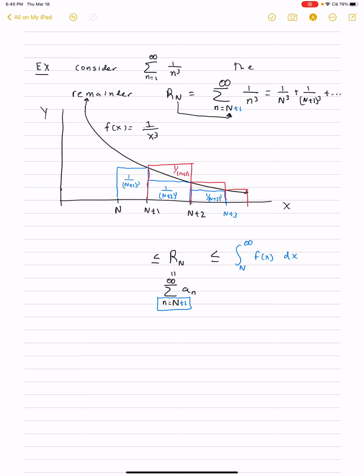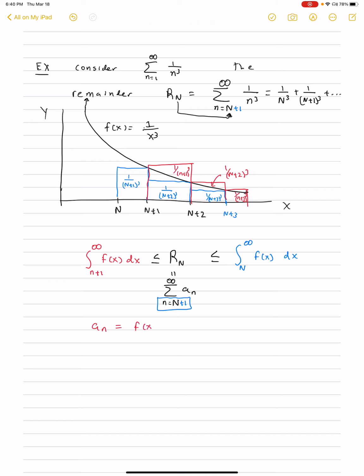This is going to be 1 over n plus 1 quantity cubed. This one is going to be 1 over n plus 2 quantity cubed, and this one is going to be 1 over n plus 3 quantity cubed. The area of the red rectangles overestimates the integral from n plus 1 to infinity of f of x dx.